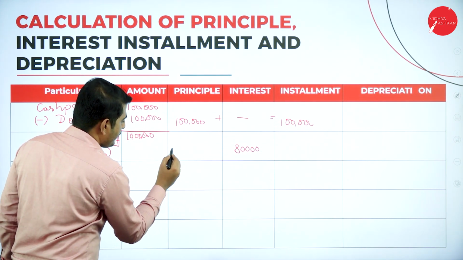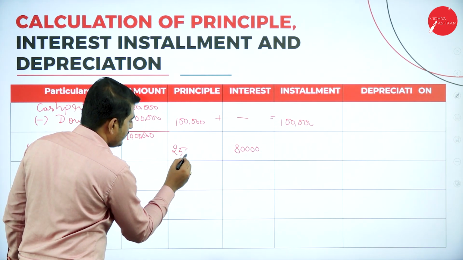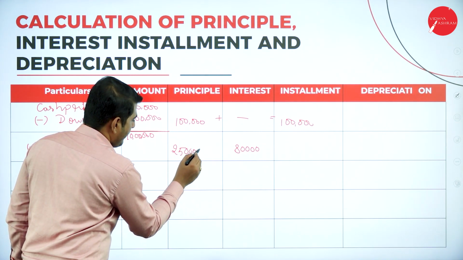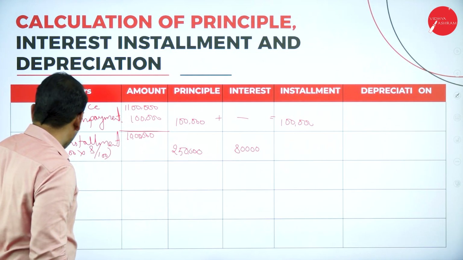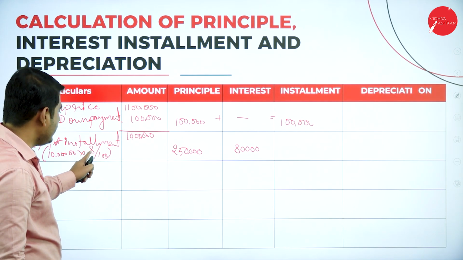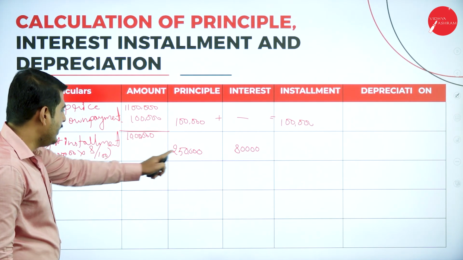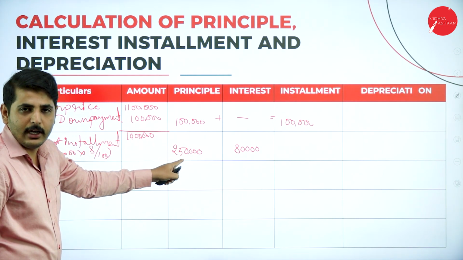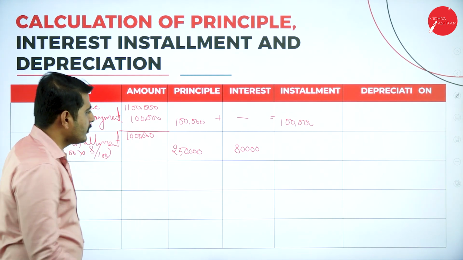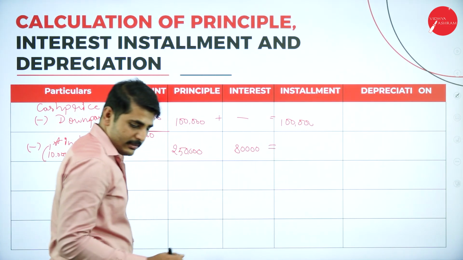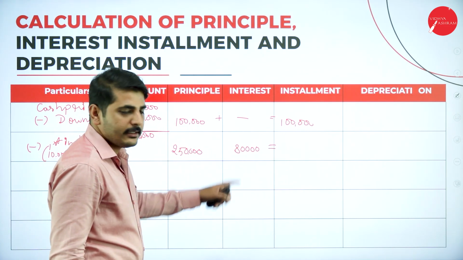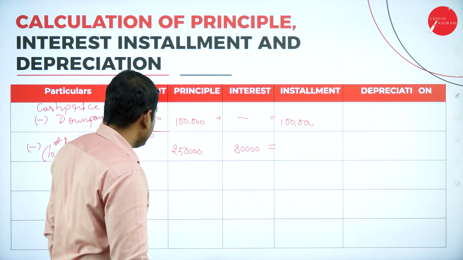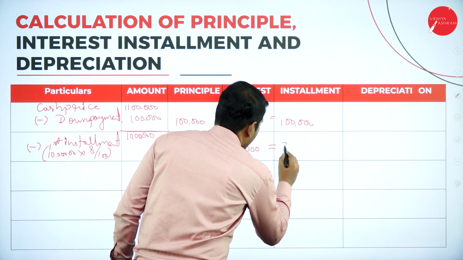Here also, what is our principal? 2,50,000 we have to pay. What is our interest? Here we have calculated 10 lakh into 8 divided by 100. It is 80,000 interest. If you add both, 2,50,000 plus 80,000, 3,30,000 is the installment.